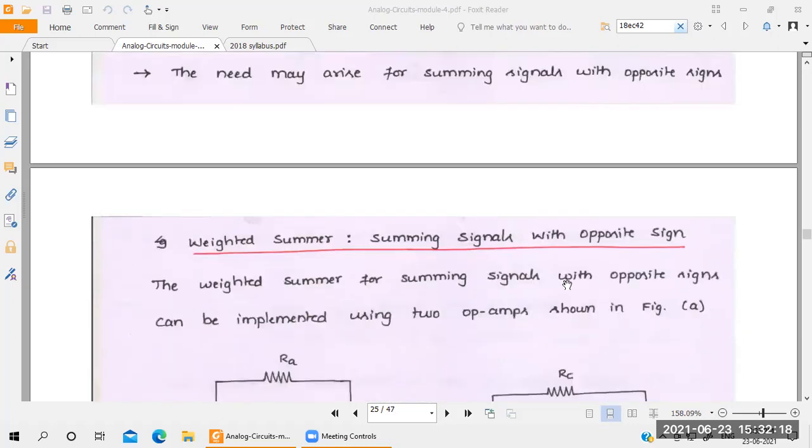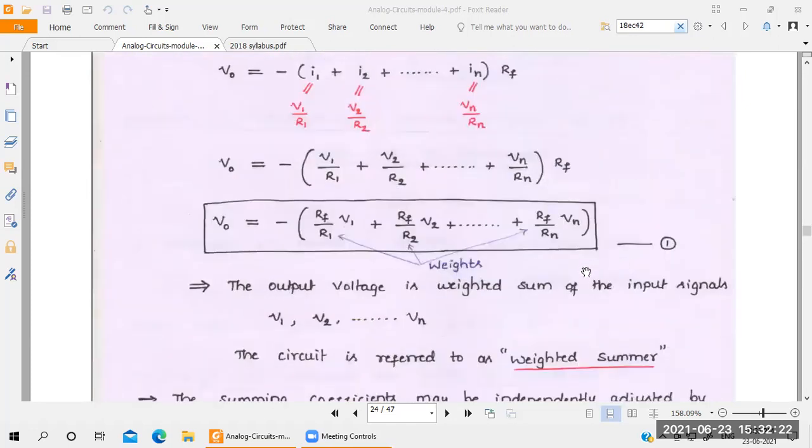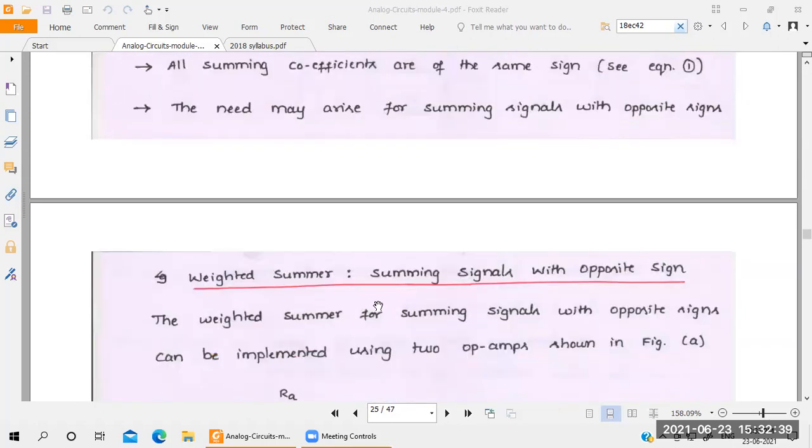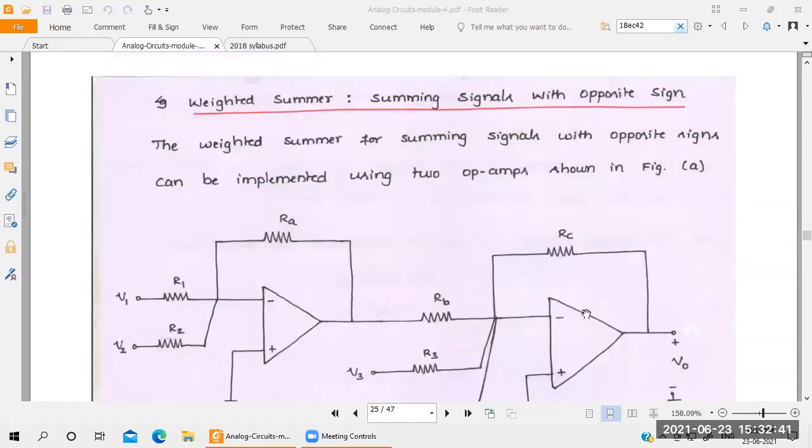So we are going to add the signals with opposite sign. Here, what sign do you get? Negative. For the first op amp, what is the V0 equation? Negative multiplied by the weights multiplied by the input voltages. Yes or no? We add the weights times input voltages with a negative sign. But here they have taken the opposite sign, so they have taken one more inverting amplifier.